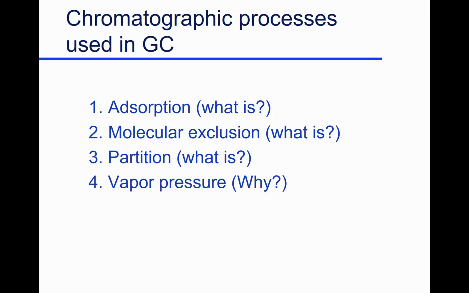Your analytes will have some interaction with that surface of the particle or surface of this coating that I put on. Molecular exclusion, remember what that is? That's a separation based on molecular size. If I'm interested in separating helium, argon, nitrogen, oxygen, they're all different size molecules. I use size exclusion for that. So separate by molecular size.